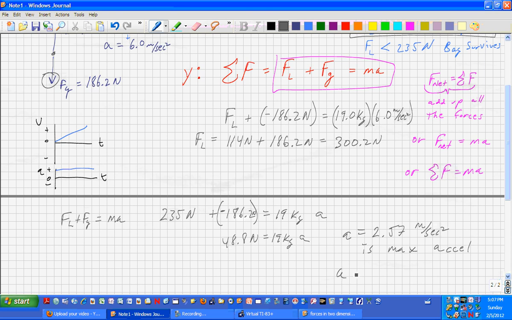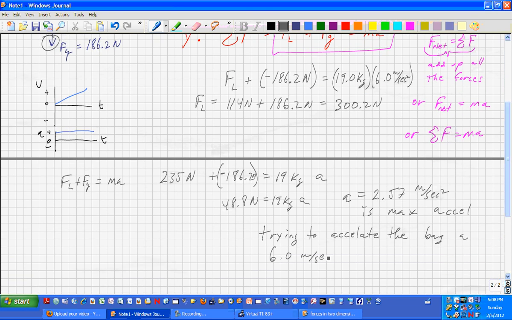Our acceleration that we're given is 6. We're trying to accelerate the bag at 6.0 meters per second squared, so it is greater than 2.57.